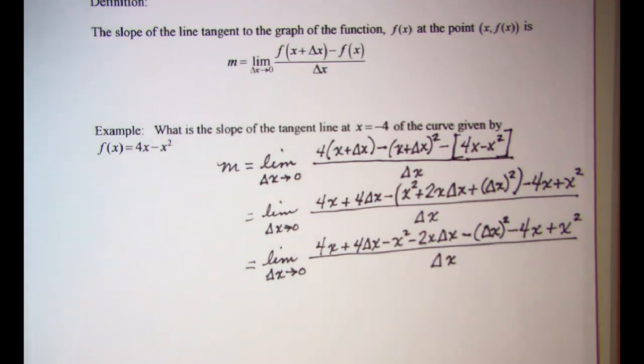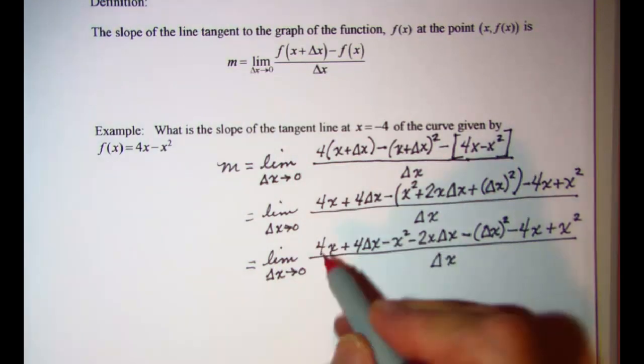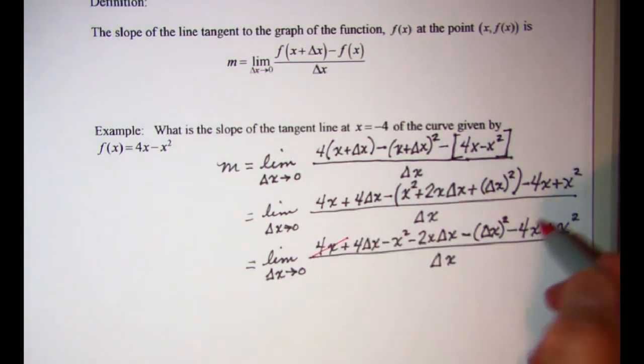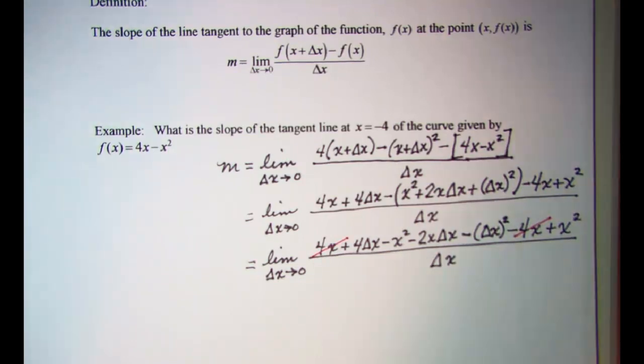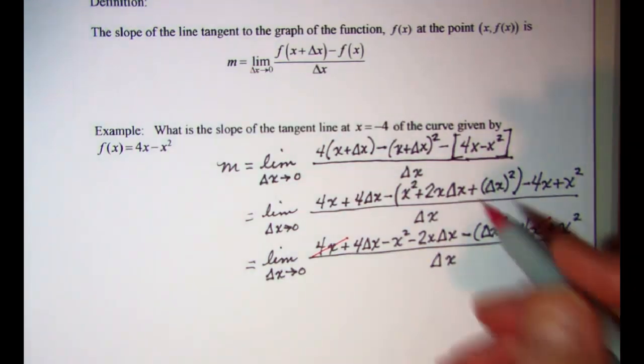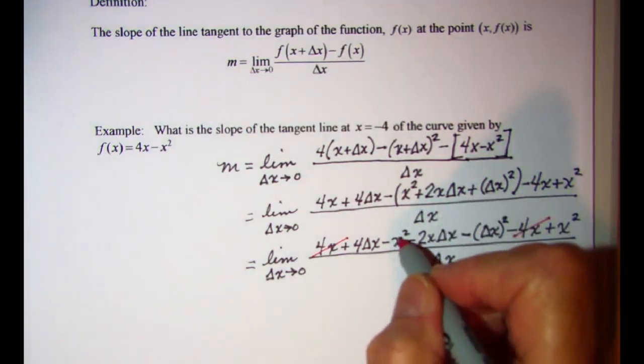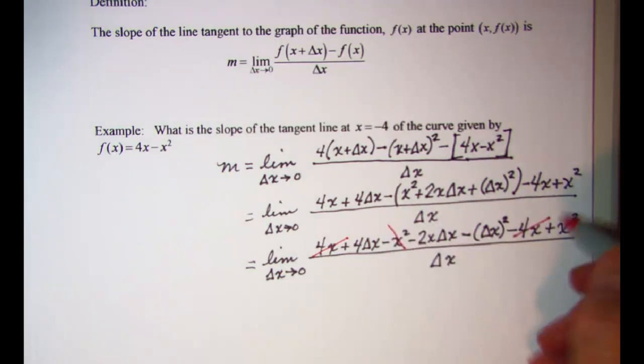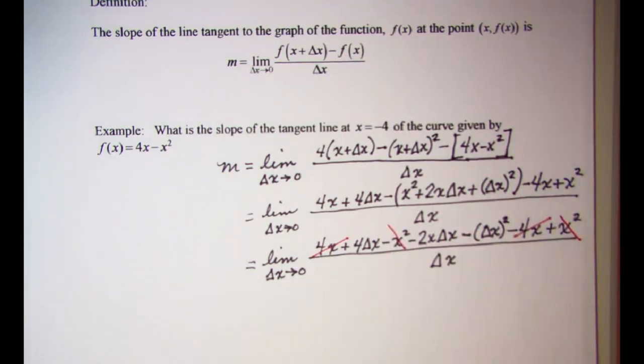Now let's look to see if we can cancel some things off. We have a 4x and a minus 4x. Those will cancel. We also have a negative x squared and a positive x squared.